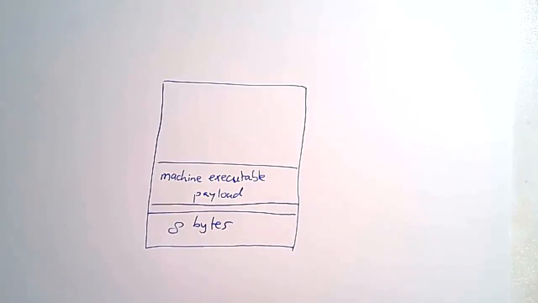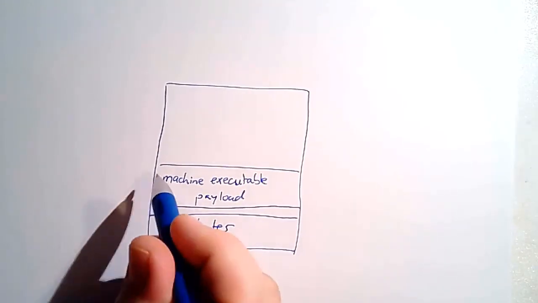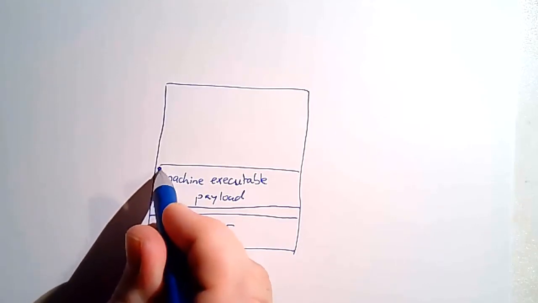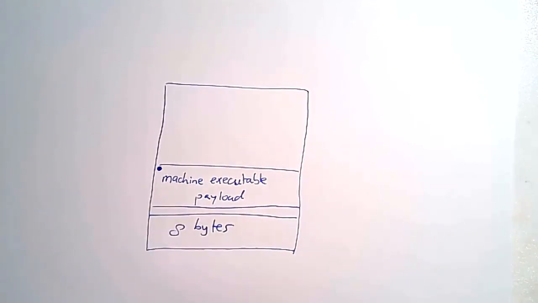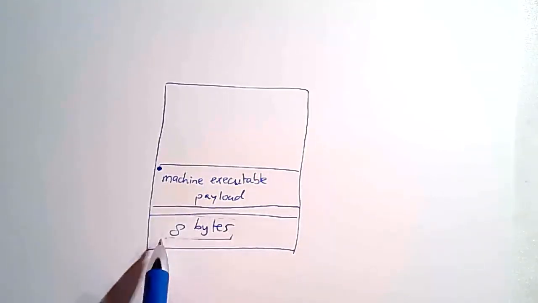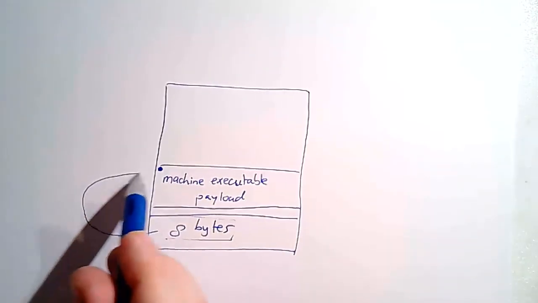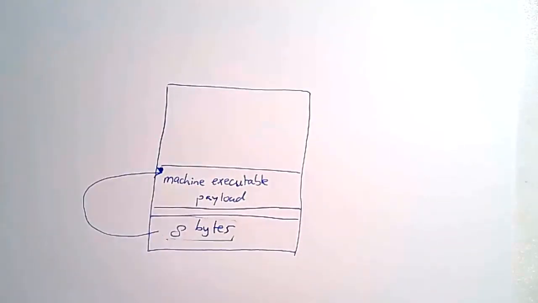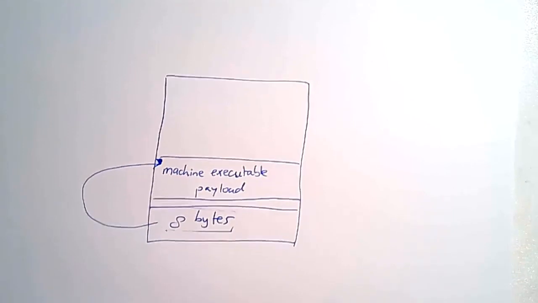Now, if I can figure out what the execution address is of that first byte of machine executable payload, I can overwrite my 8 bytes of the return pointer, which signifies the next command that will be executed, with the start of the payload that I provided. In reality, we do it a little bit differently.